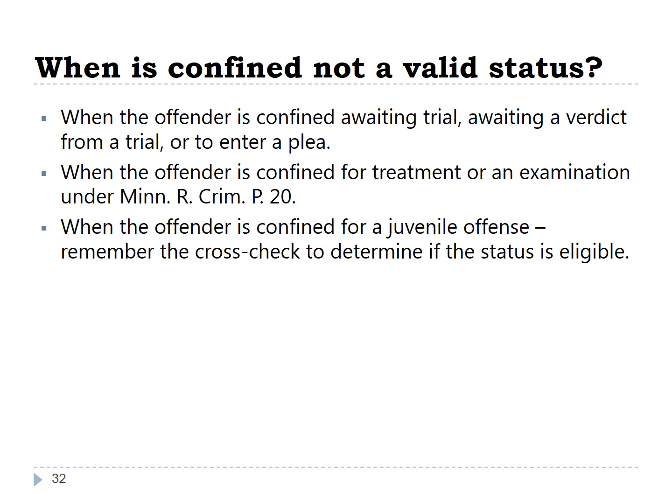Additionally, confinement for a Rule 20 exam is not eligible. And again, we can't emphasize this enough. There is no custody for any kind of juvenile offense. Even in this case, if they were confined in Red Wing, that would not be an eligible custody status type if it was for a juvenile offense.